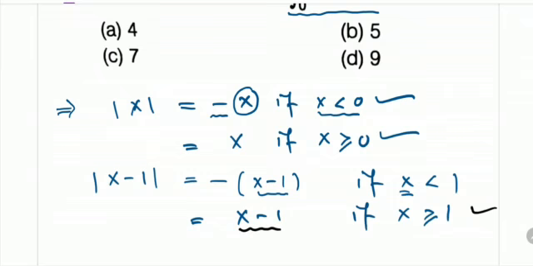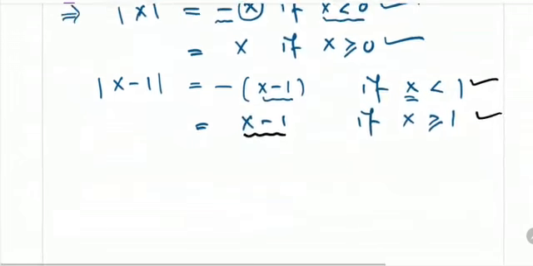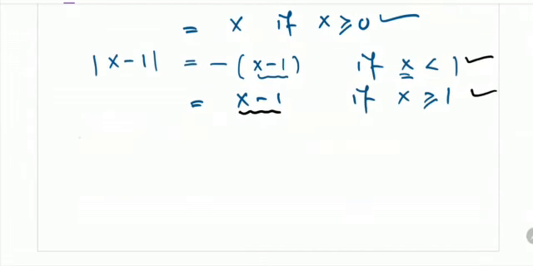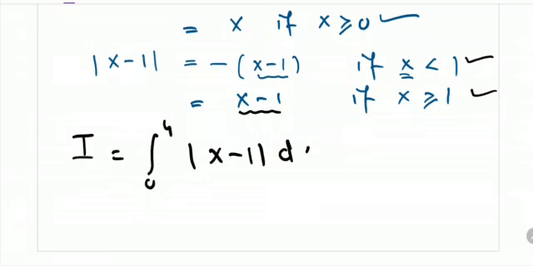So we are trying to keep positive value by splitting modulus of x minus 1, or breaking x minus 1 at 1, and we are just trying to keep both the parts positive. That's the basic idea you need to have to be able to solve such questions. My question here is integration of 0 to 4 modulus of x minus 1 dx.